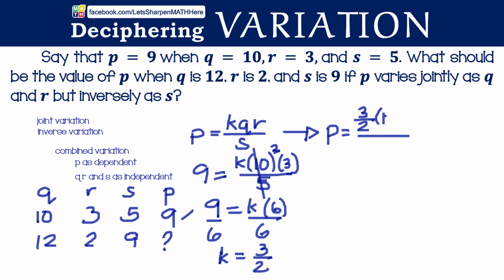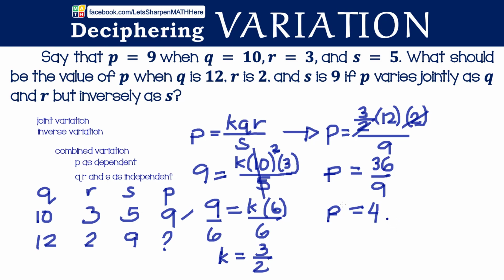You will have Q, which is 12, and you have your R, which is 2, using this next set of values, all over 9. So we could actually cancel here and like that. So we'll have 3 times 12. So P is 36 all over 9, which will give us a result of P equal to 4. In short, when Q is 12, R is 2, and S is 9, P is 4.